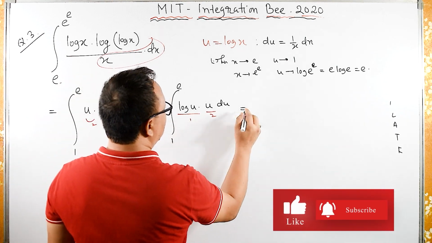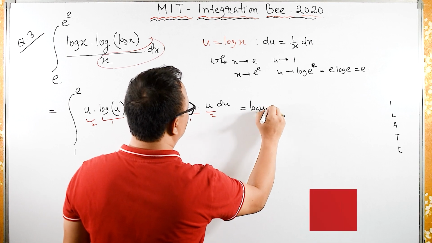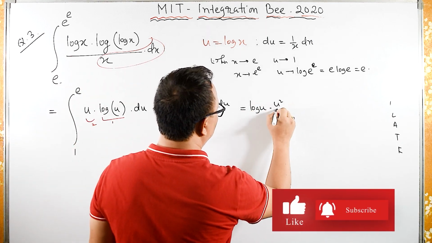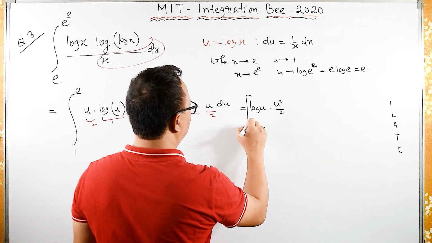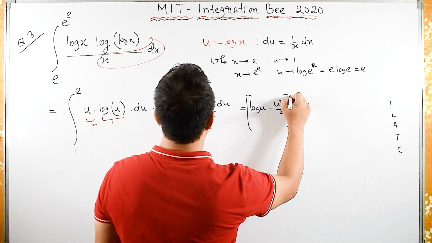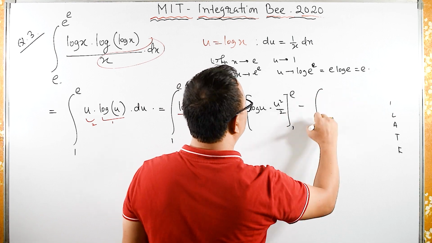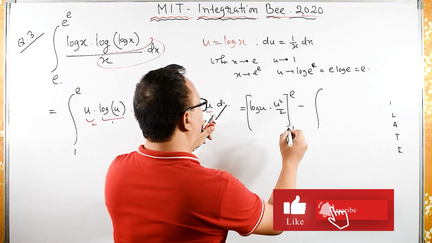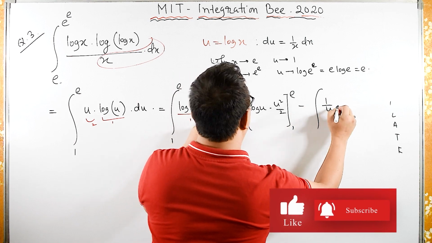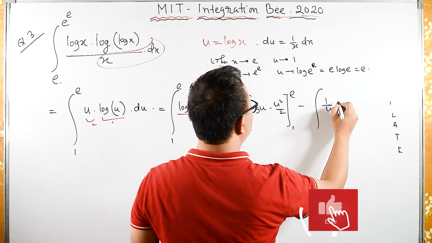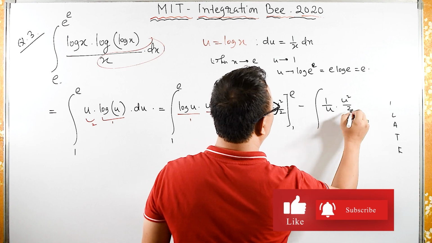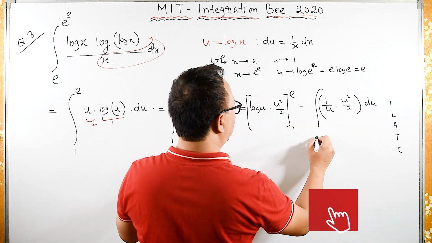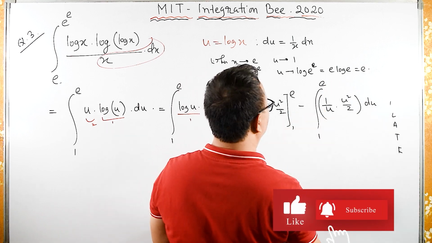So keep log of u as it is, integral of u is u square upon 2, limit from 1 to e, minus integral of the differentiation of the first function, which is 1 by u, and then the integral of the second function, u square upon 2, and then du, limit from 1 to e.